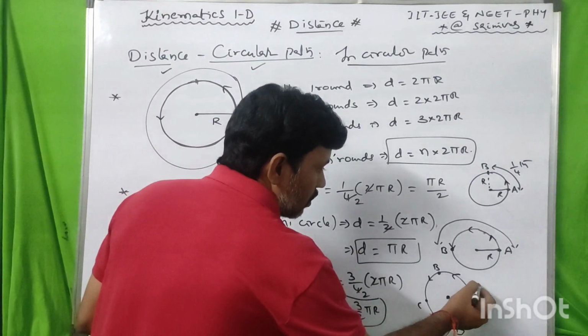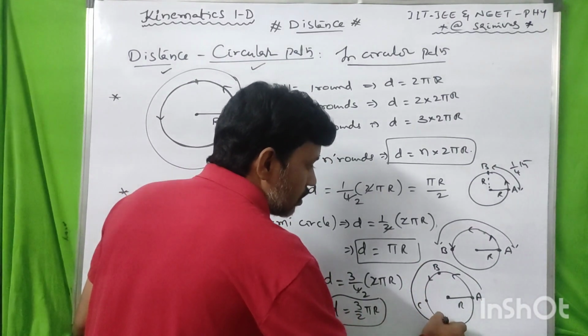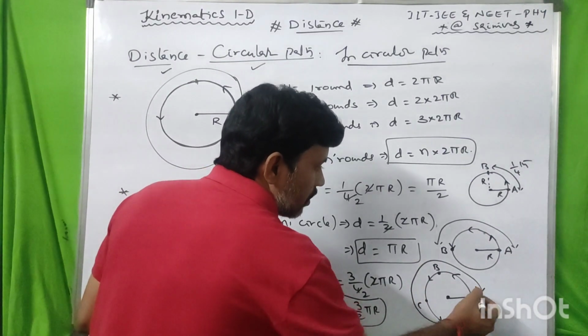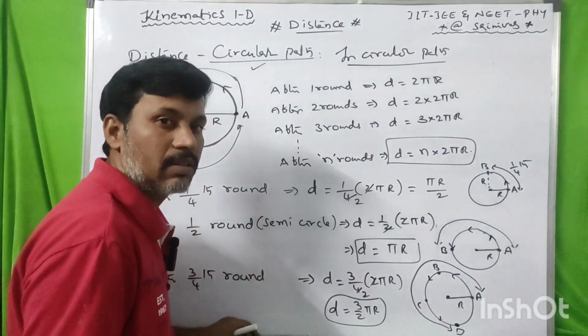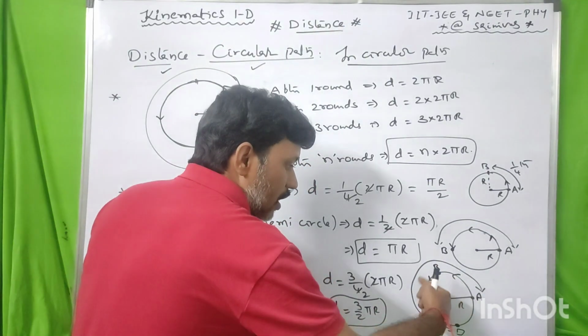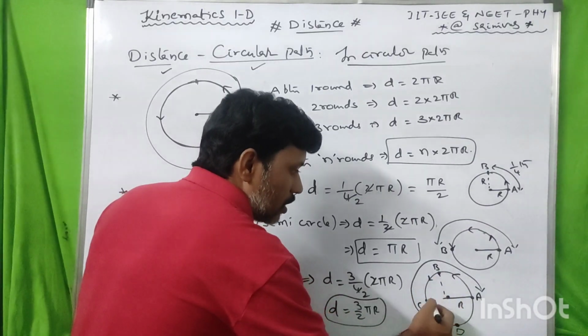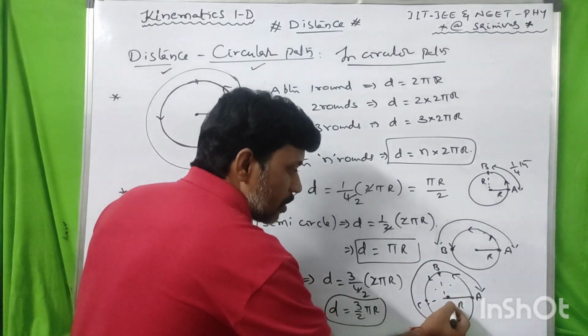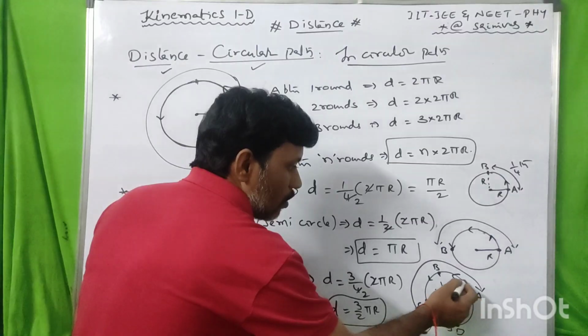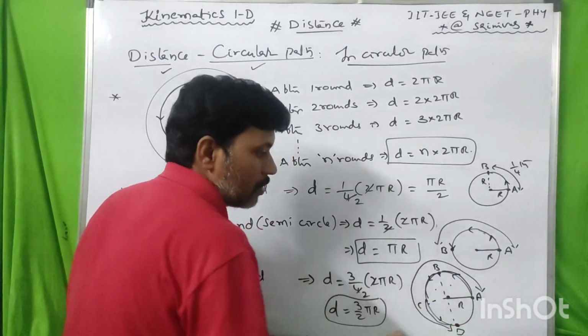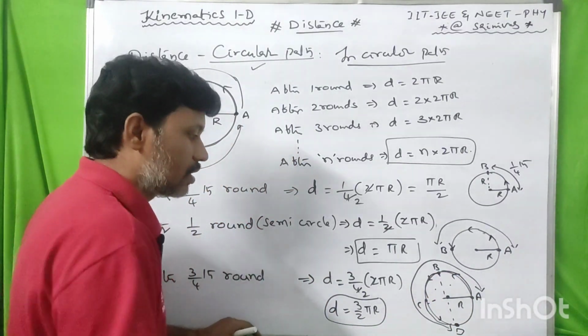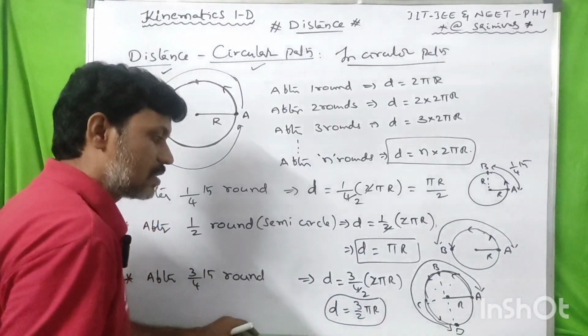That means the path length traveled by the particle is A to D. We know that this is 1 by 4th, this is 1 by 4th, again this is 1 by 4th, so 3 by 4th of its circumference.